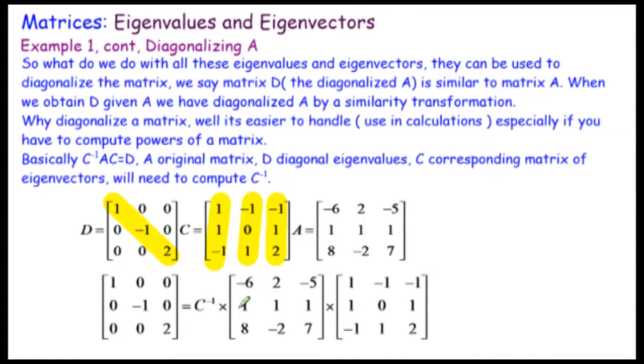The trouble is you need to do a multiplication to diagonalize A. Here's A, you need C, the matrix of the eigenvectors, and you also need to compute the inverse, C to the negative 1, so we need to invert matrix C. Now let's have a look at that in Geogebra.